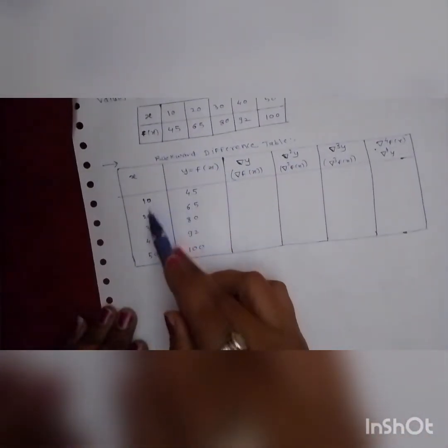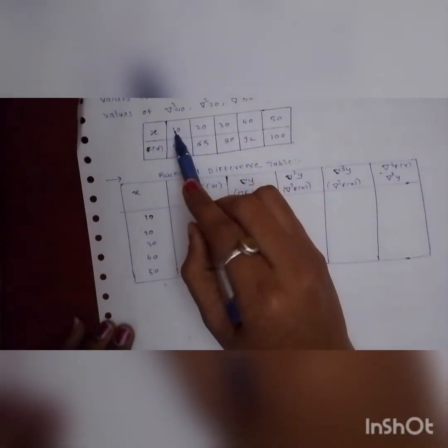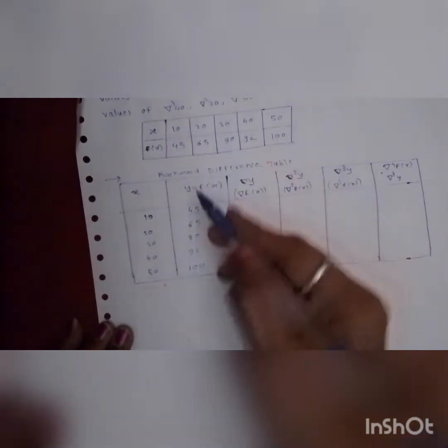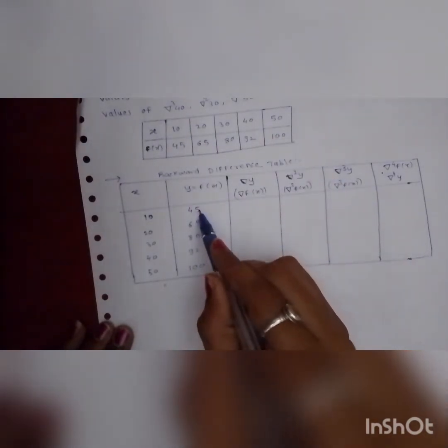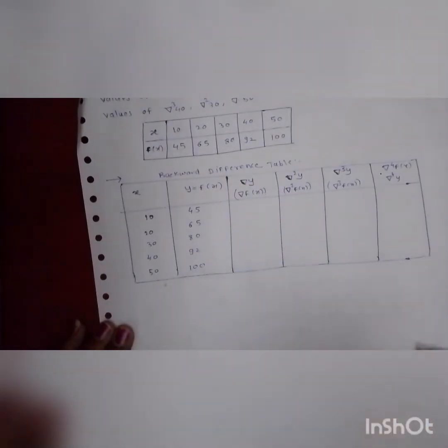Similarly, we have made this table. Here the values of x are 10, 20, 30, 40 and 50. For x equal to 10, f of x is 45, that is y0 is 45, and y1 is 65, then 80, 92 and 100.